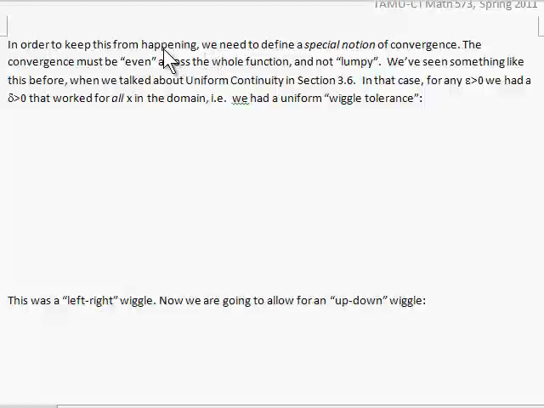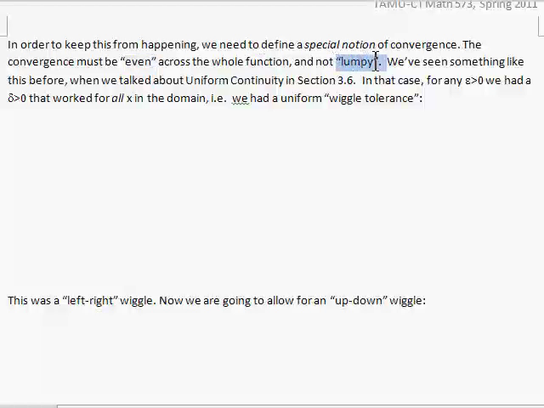Okay, so in order to keep bad things from happening, like we saw in the example we just covered, we're going to have to be careful about the notion of convergence of functions. We'll have to define a special notion of convergence. This convergence has to be even across the whole function and not lumpy.